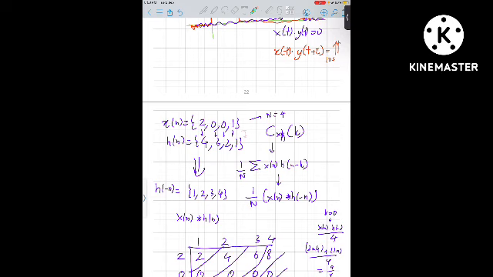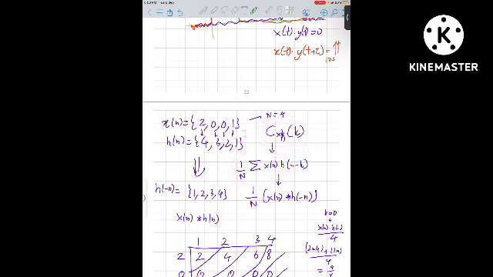If you look at it more deeply, it's 1 upon N times x[n] convolved with h[minus n]. So in order to obtain the values, we first flip h[n]. H[minus n] is 1, 2, 3 and 4.